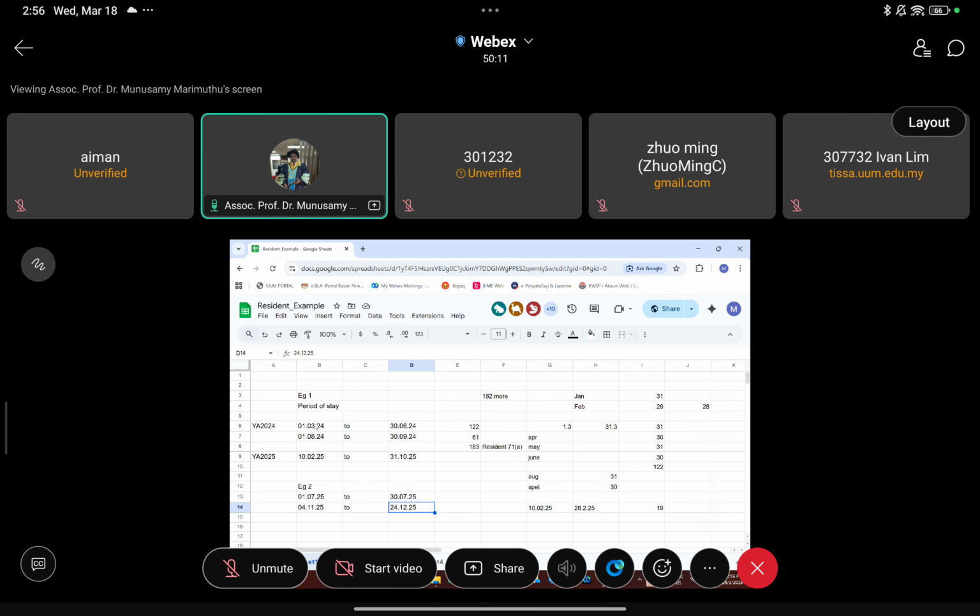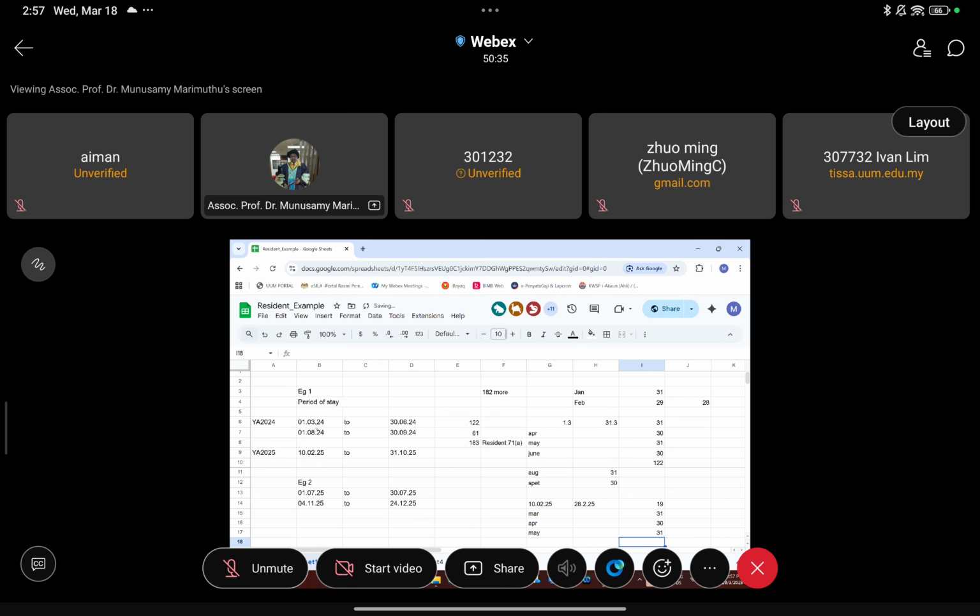So after February, it will be March, April, May. March is 31, April is 30, May is 31.